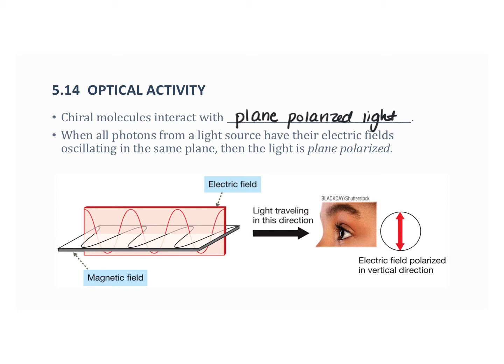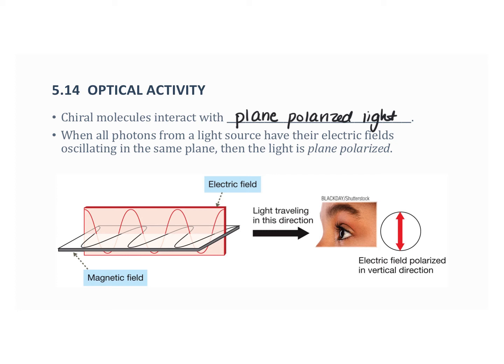Light, and this is just a quick review, can be regarded as both a particle and a wave. When it's treated like a particle, we think of light as consisting of photons. When it's treated like a wave, we think of light as consisting of oscillating electric and magnetic fields. The frequency of that oscillation defines the frequency of light for us.